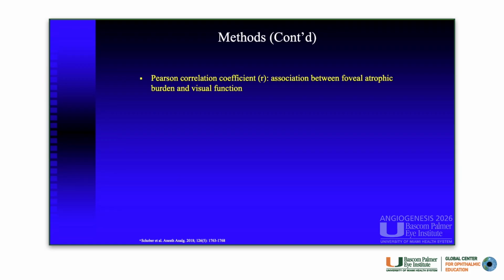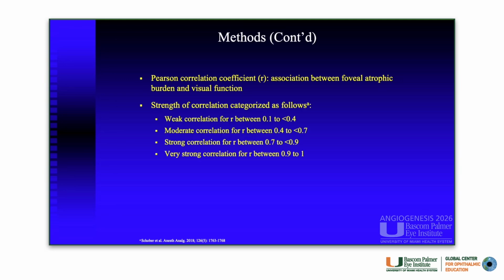A Pearson correlation coefficient was used to determine the association between the foveal atrophic burden and visual function. We looked at the strength of the correlation, and that was categorized as weak, moderate, strong, or very strong. And you see on the right the ranges for the correlation coefficients, 0.1 to less than 0.4 for weak, going up to 0.9 to 1 for very strong correlations.